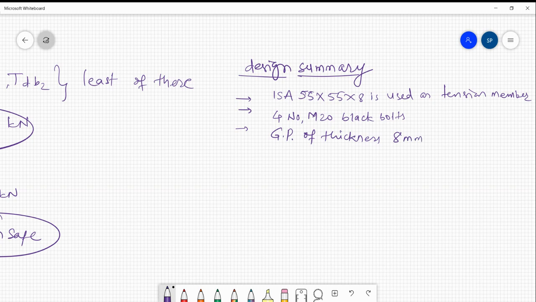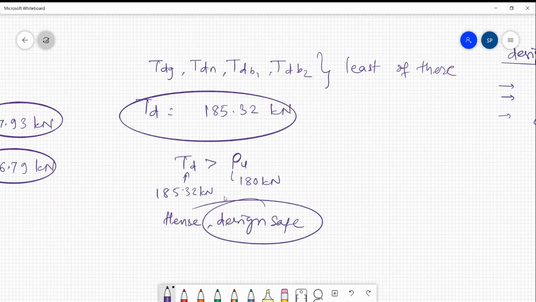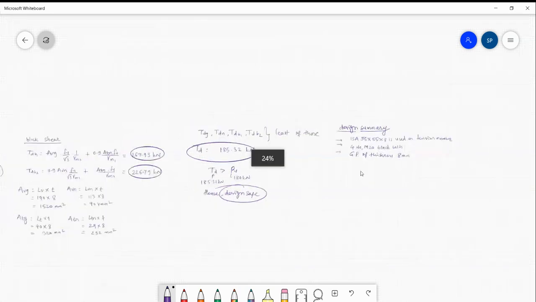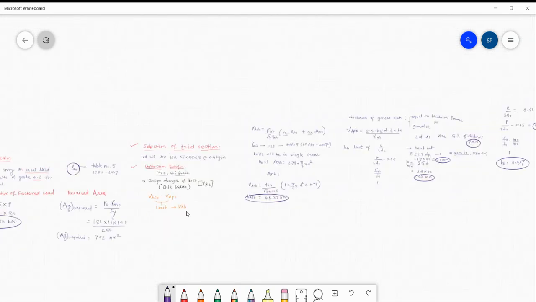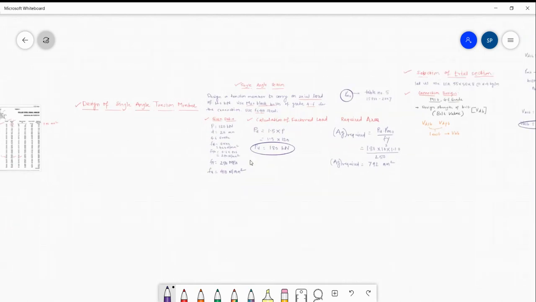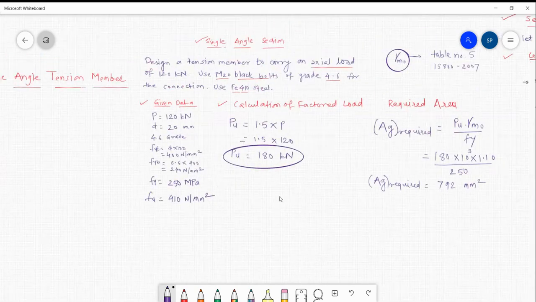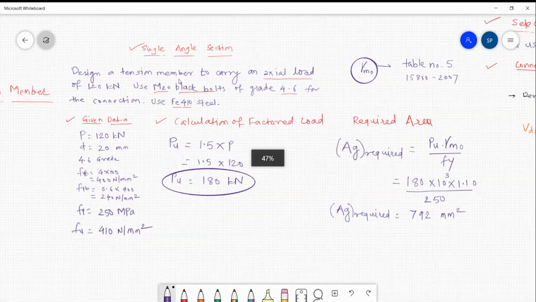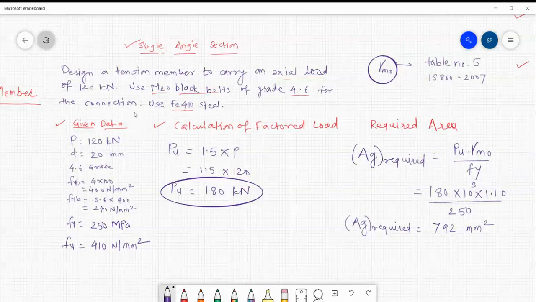I will take you quickly through all the steps we have performed up till now. So this was the problem, and an axial member is to be designed wherein working load was given as 120 kilonewton.